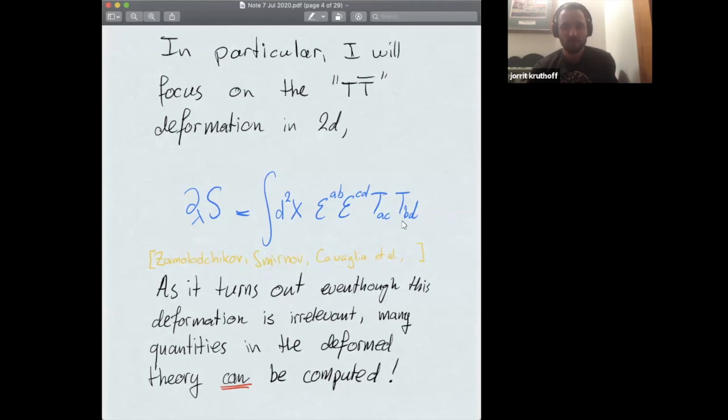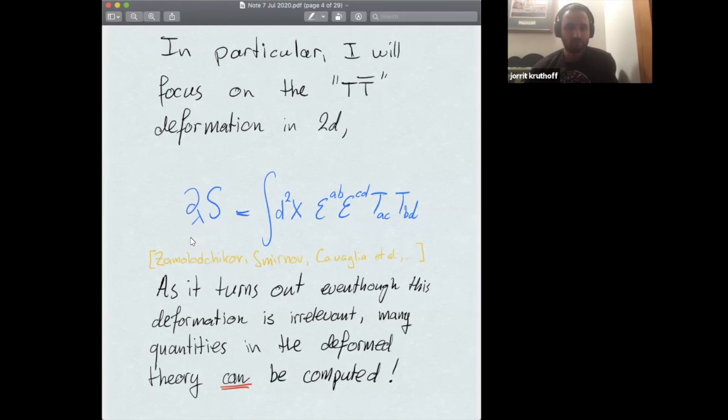This is a particular contraction of the stress tensor: I have the stress tensor in the 2D theory, contracted in this way with the two-dimensional epsilon tensor. The stress tensor here is dimension 2, so this entire object is dimension 4, and so this coupling constant is dimension -2. So this is an irrelevant deformation.